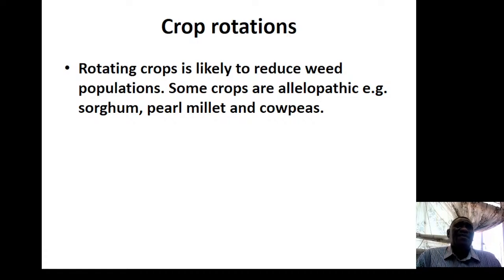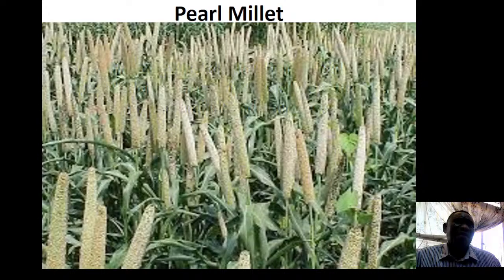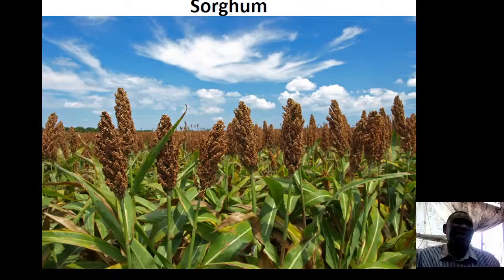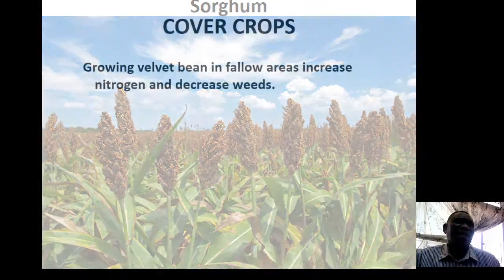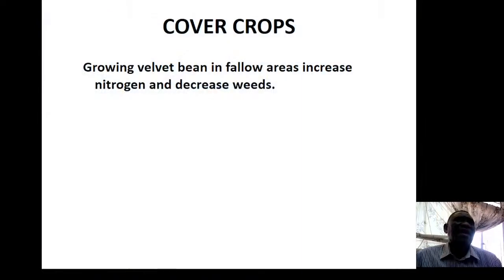Crop rotations are likely to reduce weed populations because some crops are allelopathic, e.g. sorghum, pearl millet, and cowpeas. This is pearl millet, sorghum. Cover crops: growing velvet bean in fallow areas may increase nitrogen and decrease weeds.